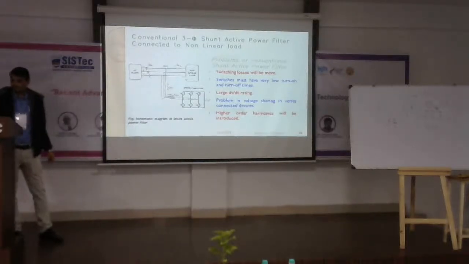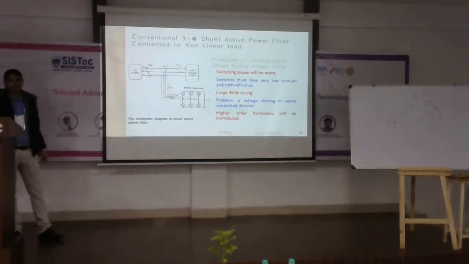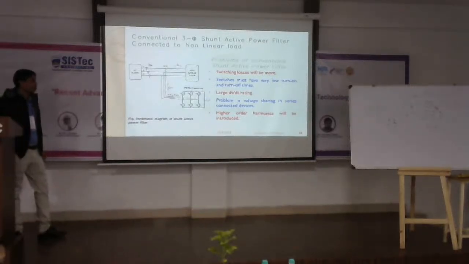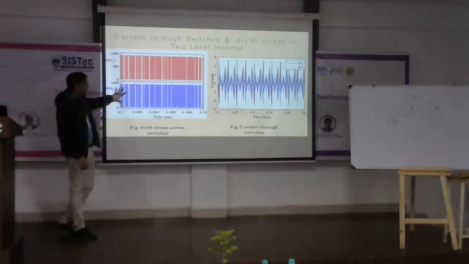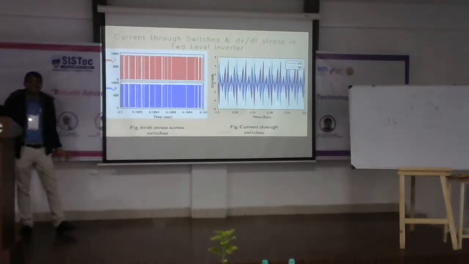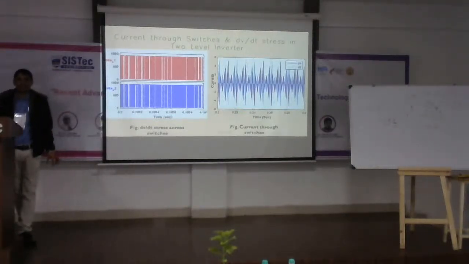Getting my point? And yes, you can see I have taken around 1000 volts as a primary voltage. So you can see the dV by dt stress across the switches. This is the dV by dt stress across the switch.